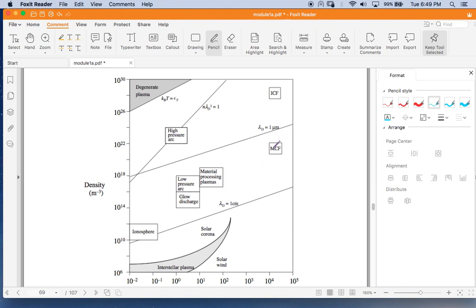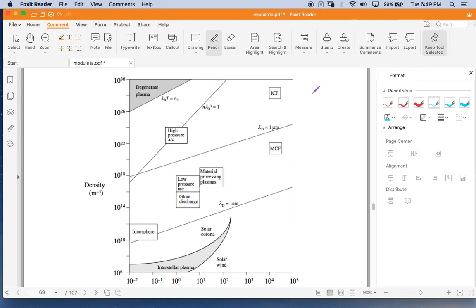And then confinement fusion: inertial confinement and magnetic confinement. This is the regime of fusion plasmas, the kinds of plasmas we hope to generate energy from.